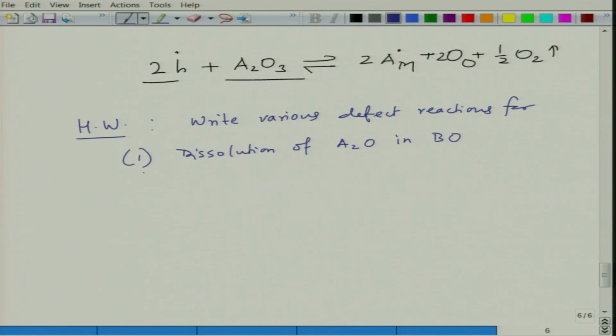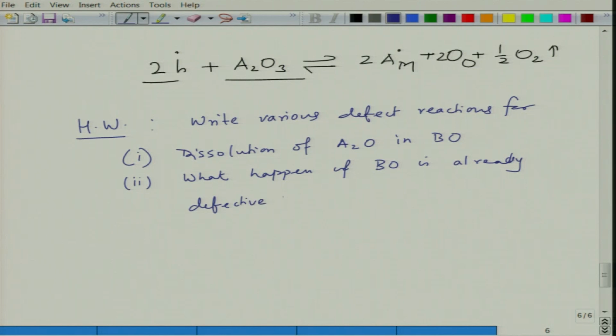Right, do the other way around, and then what happens if BO is already defective? Consider both oxygen and metal deficiency. Okay.